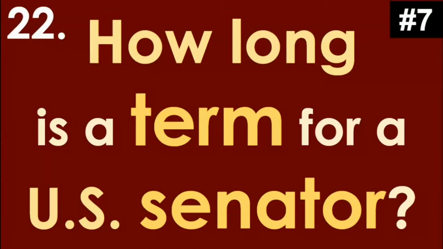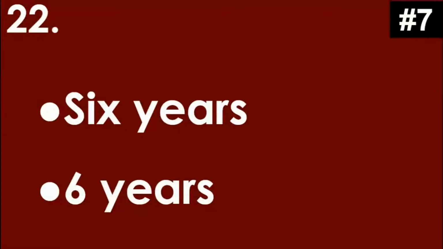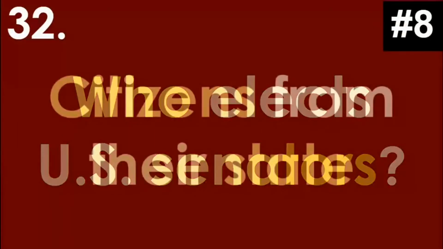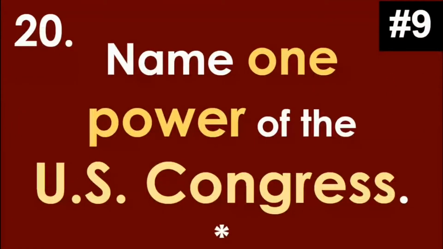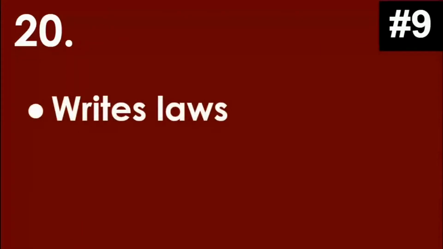How long is a term for a U.S. senator? 6 years. Who elects U.S. senators? Citizens from their state. Name one power of the U.S. Congress. Writes laws.